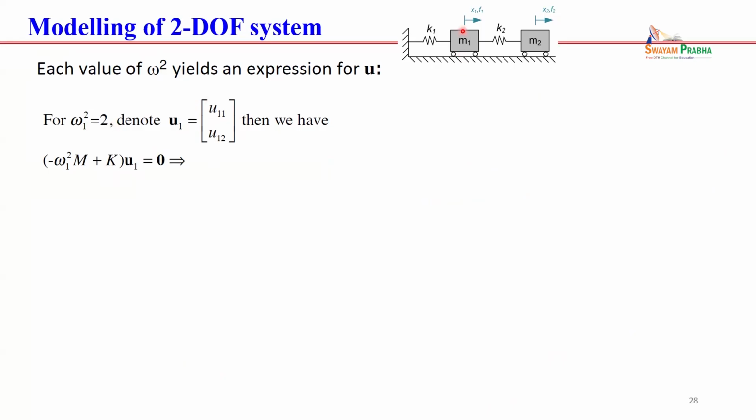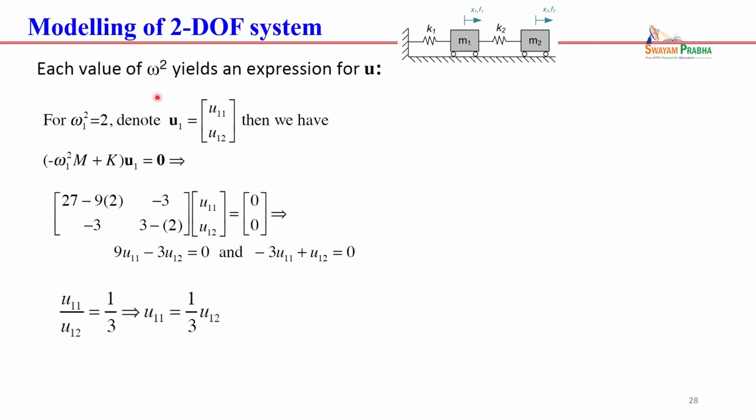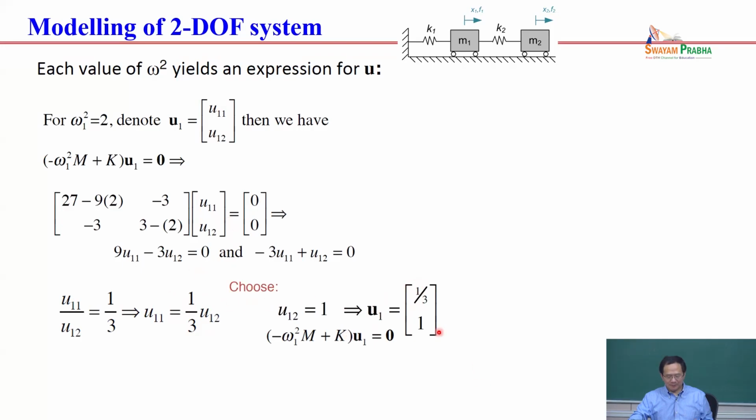For example, for this case study, you plug this number here. You can have a vector take this shape, right? This is u11, u12, u21, u22, right? You choose, let us say, the second one u12 as 1, and from this relationship you get u11.